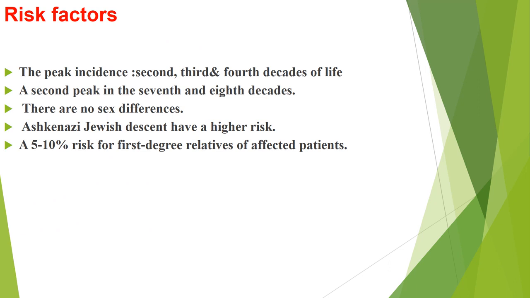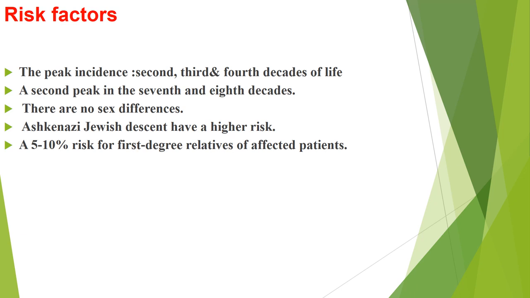Now, we have two peaks of incidence of inflammatory bowel disease, one in the second, third and fourth decade of life, and the other peak in the seventh and eighth decade of life.